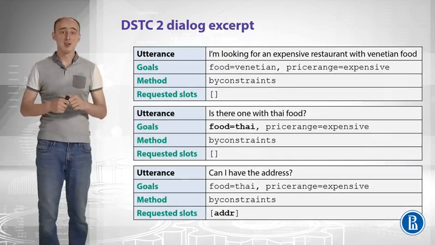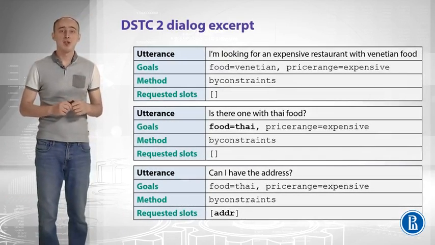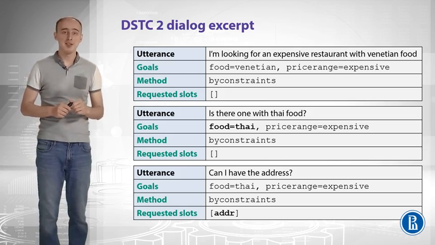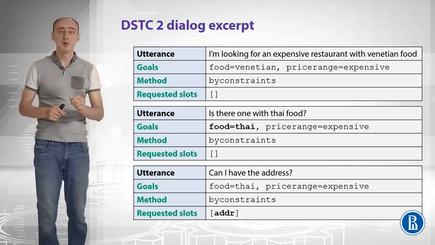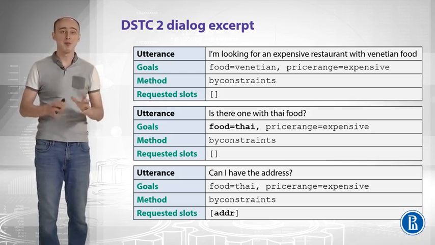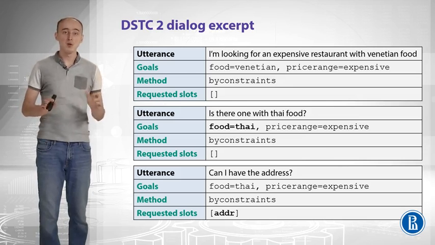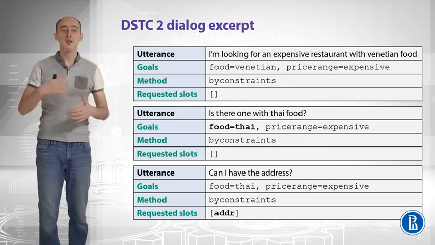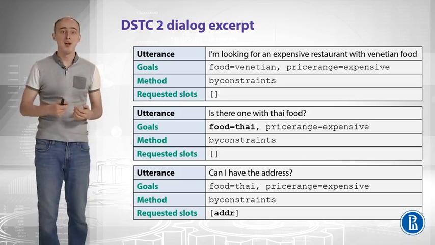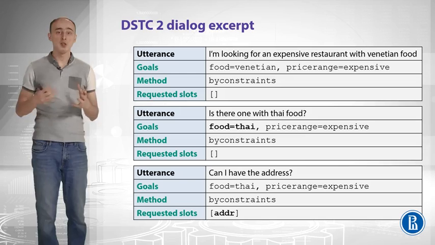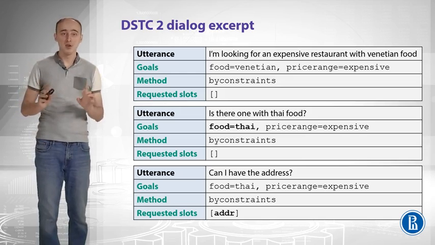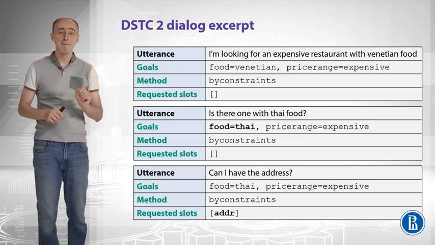Let's look at a dialog example. The user says, "I'm looking for an expensive restaurant with Venetian food." What we need to understand from this is that our state now becomes food Venetian, price range expensive, and the method is by constraints. And no slots were requested. Then, when the dialog progresses, the user says, "Is there one with Thai food?" We need to change our state, so all the rest is the same, but food is now Thai.